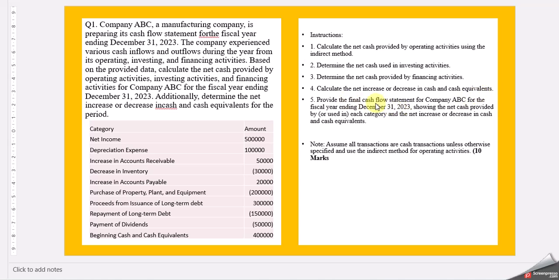Provide the final cash flow statement for company ABC for the financial year ending December 31st, 2023, showing the net cash provided by each category and the net increase or decrease in cash and cash equivalent. The note here is to assume all transactions are cash related unless otherwise specified, and use the indirect method for operating activities.